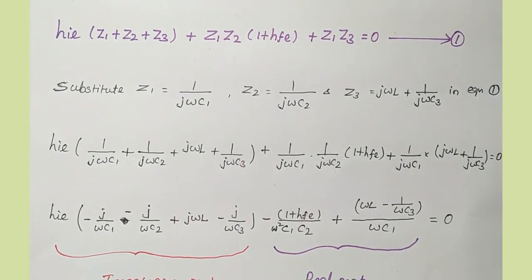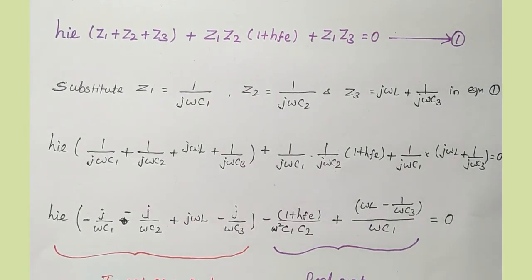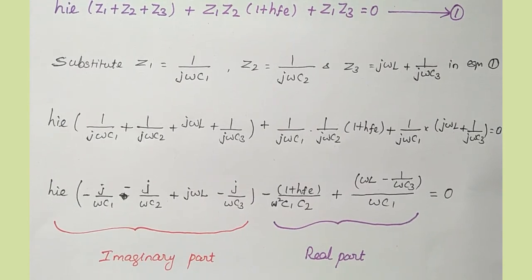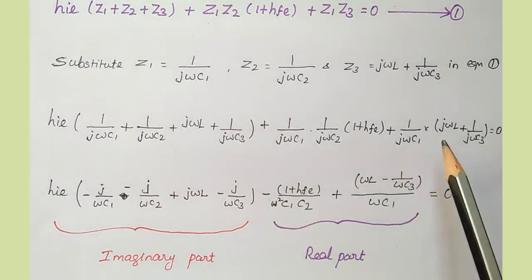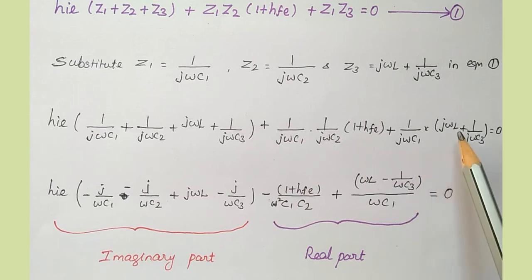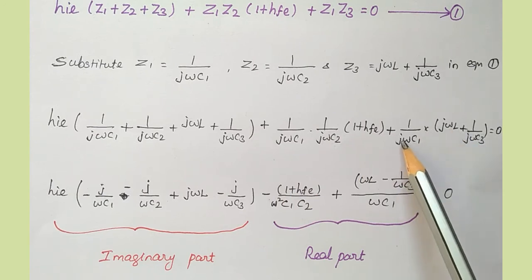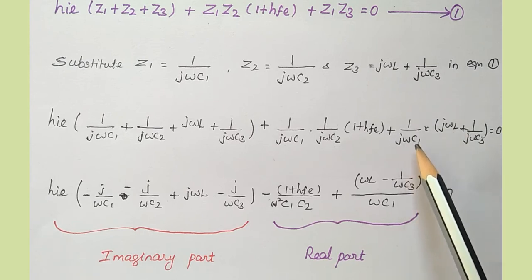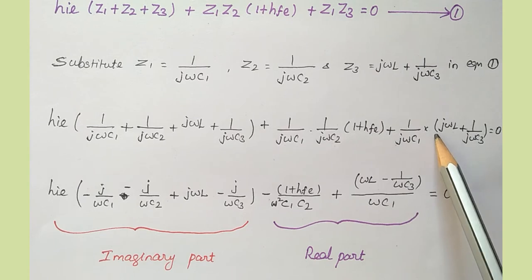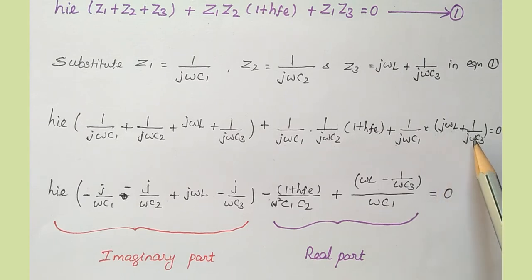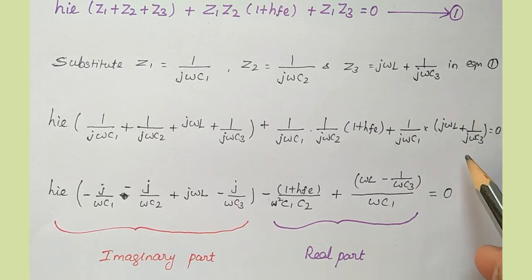Now we separate the entire expression into imaginary part and real part. Here this j gets multiplied, hence it becomes minus. Here also we have the j term, so taking out the j omega term, the j omega gets cancelled. In 1 by j omega C1 we have the j, and here we have j omega L; here the j is in the denominator, hence we bring it to the numerator, and this term becomes minus.